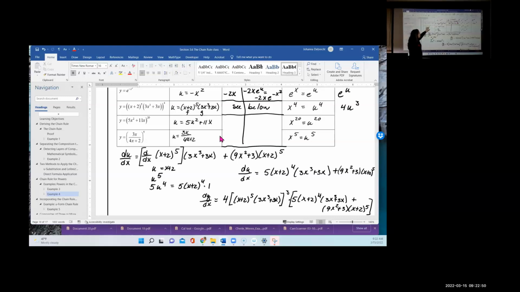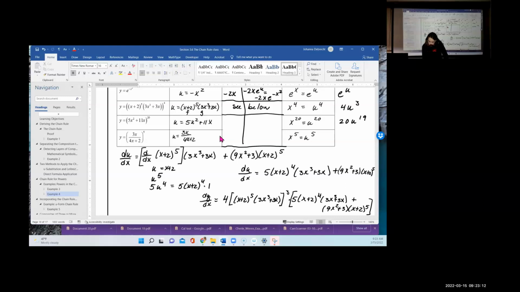So we replace the inside function and make it u, and that becomes u to the 20th. So now we take the derivative of the outside function, which is 20u to the 19th power. We're going to substitute the inside function, 5x squared plus 11x, back in place of u.